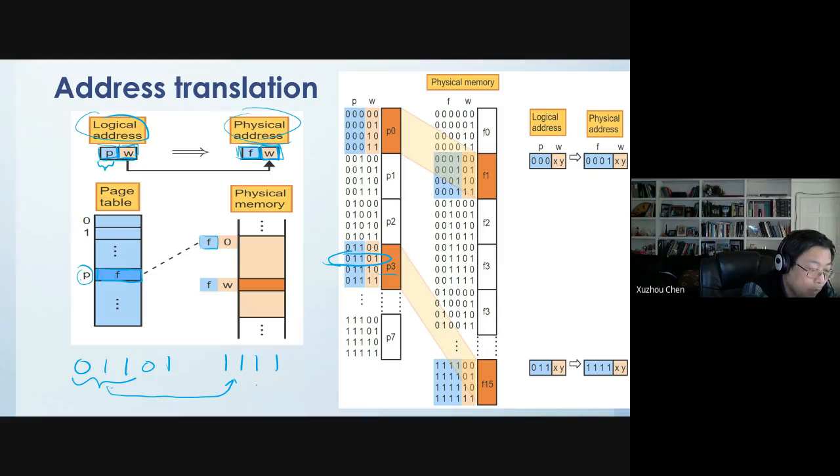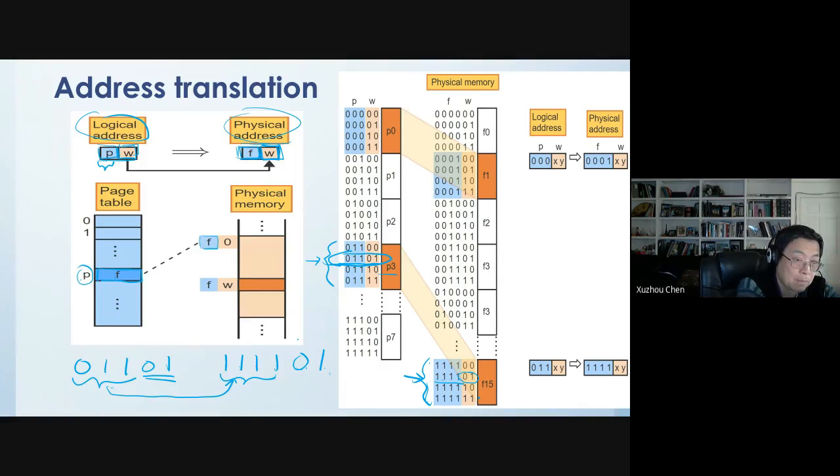Now, what is the corresponding physical address? I look at the offset. It's 02. So in the frame, the offset is still not changed. It's still the same. That means it's the second address in this physical frame, because it's the second address in this page. So that's the physical address 0001001.